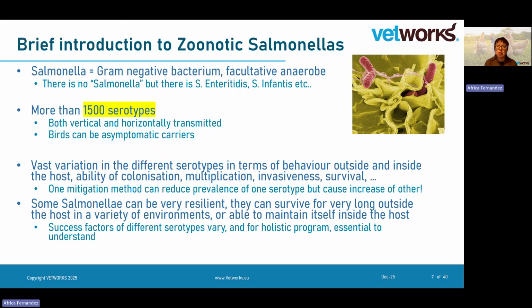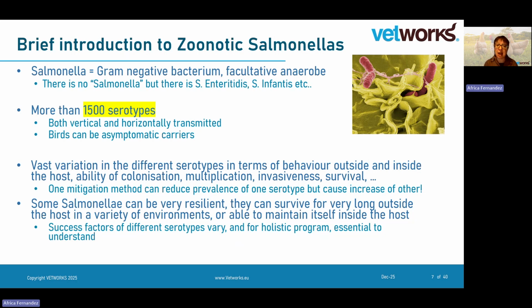So if we go into some more detail in terms of these zoonotic Salmonellas, they are gram-negative bacteria. There are more than 1,500 serotypes. Salmonella is both vertically and horizontally transmitted. And as I mentioned, birds often show no clinical signs unless they are young or immunocompromised.